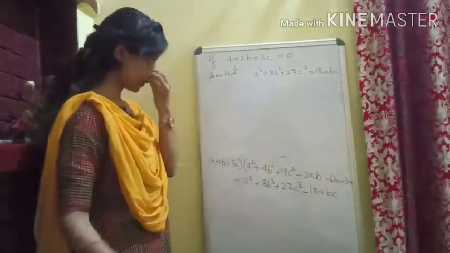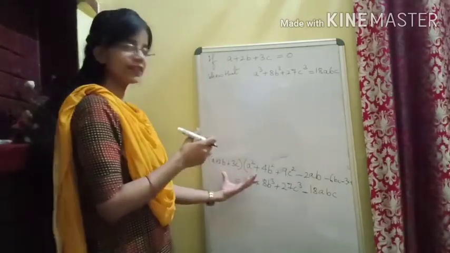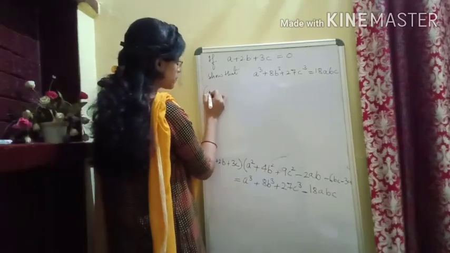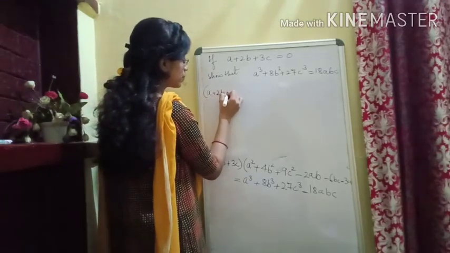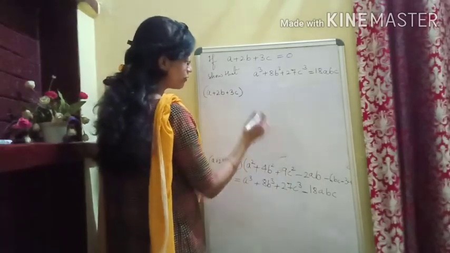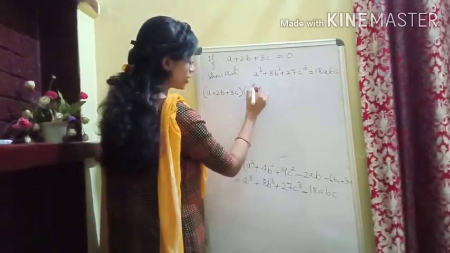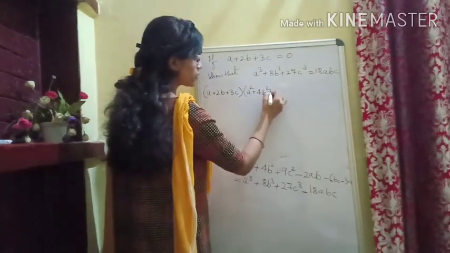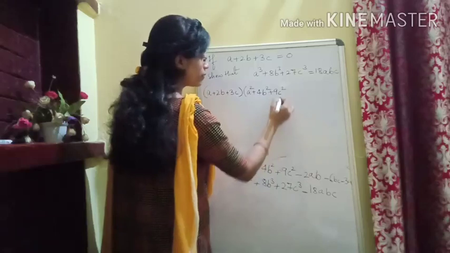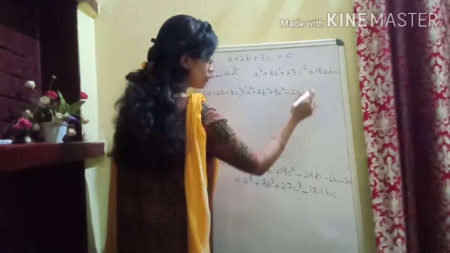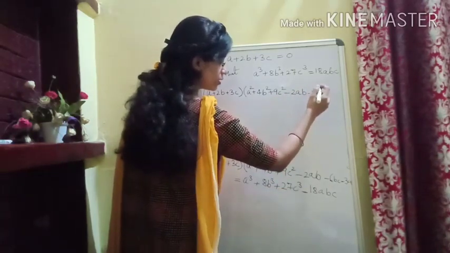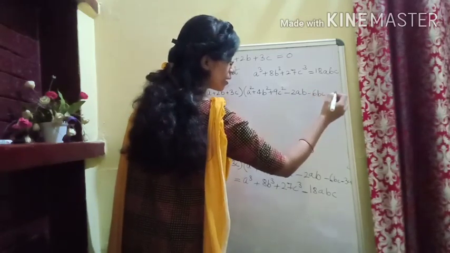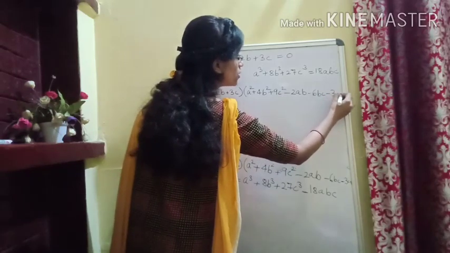Now you see, if I write the left hand side and right hand side again, so that it is very clear: A plus 2B plus 3C, and then we have this whole term which is A square plus 4B square plus 9C square minus 2AB minus 6BC and minus 3CA.